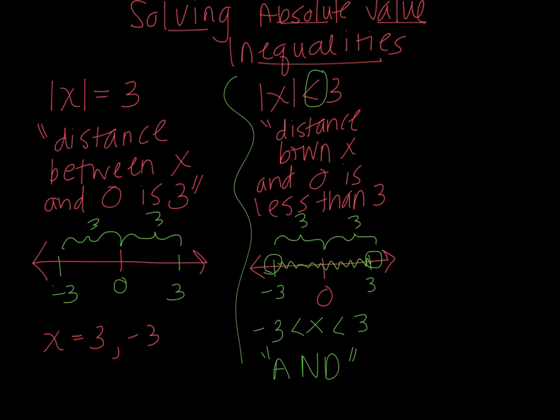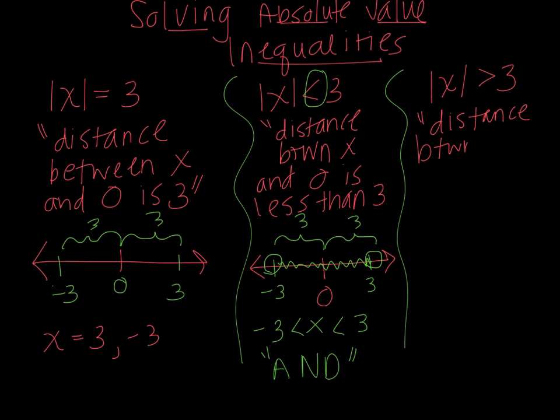Interesting. And if we look at our last possibility, that the absolute value of x is greater than 3, this says in English that the distance between x and 0 is greater than 3. So we want all numbers that are more than 3 units away from 0.